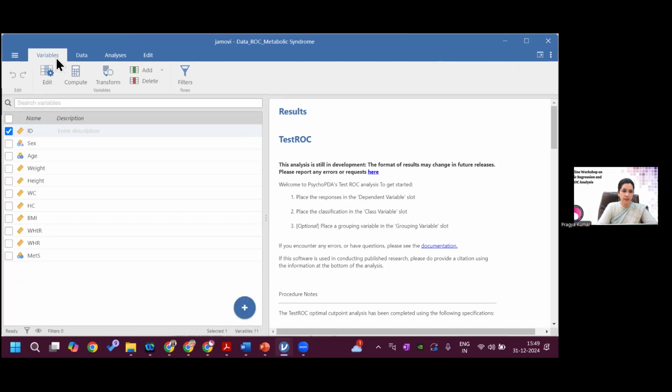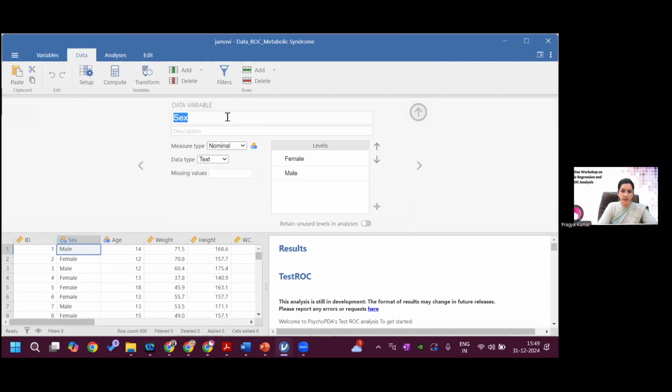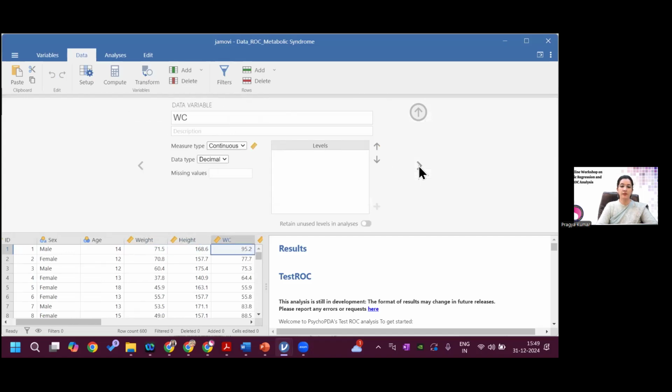If you go to the variable, you can see this data. This is gender, male and female. This is your continuous variable age. This is your weight, again a continuous variable. Height, continuous variable.